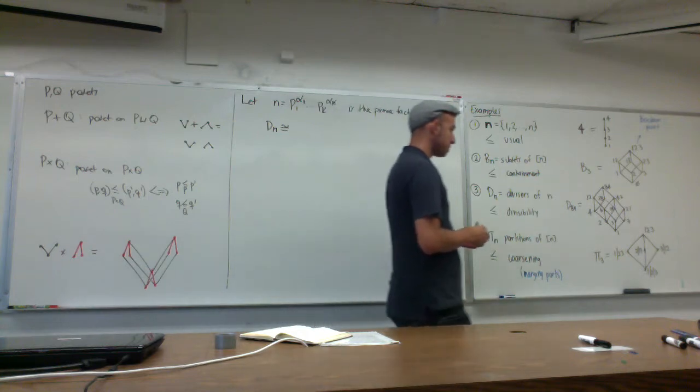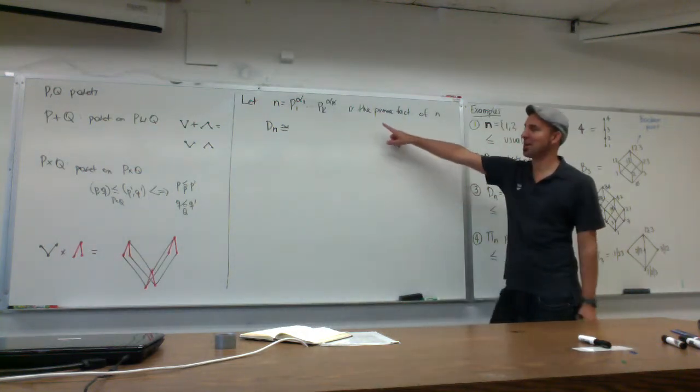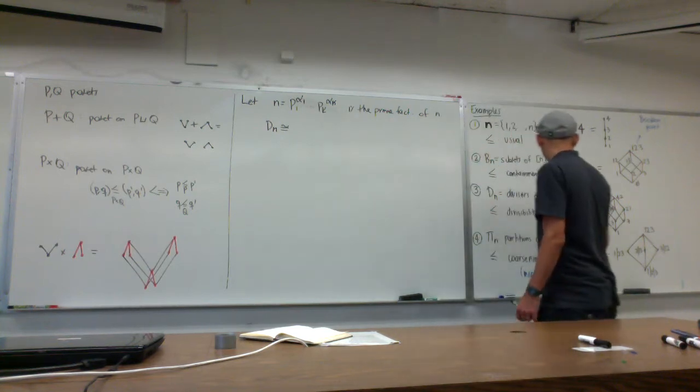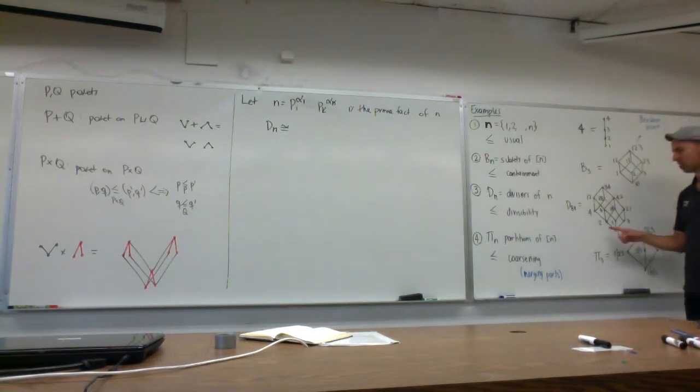Well, so Servando was telling us what happens if the alphas are all equal to 1. But in this case, we have an alpha that is not equal to 1. The prime 2 appears twice, and that means that we got a chain in this direction from 1 to 2 to 4.